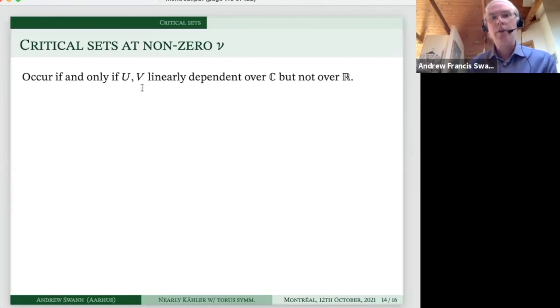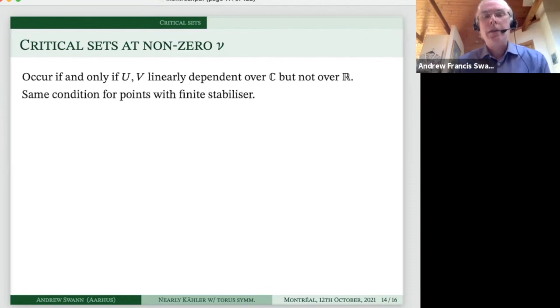And at any critical point, the two generators for the torus action become linearly dependent over the complex numbers, but not over the real numbers. So V lies in the span of U and JU. And this happens to be exactly the same condition for points to have a finite non-trivial stabilizer.